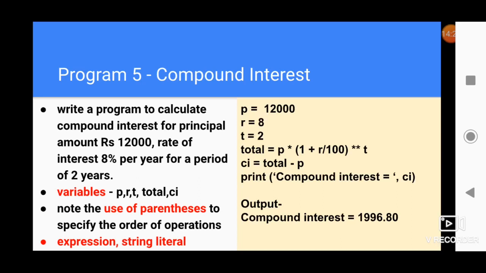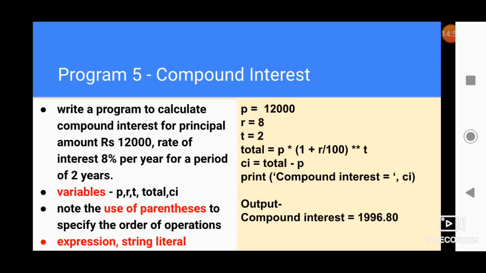Again, to make the output more understandable for the user, we use a string literal along with the variable ci. The string literal is compound interest equal to, which is enclosed inside single quotes, and then we have used comma to separate it from the other thing to be printed, which is the variable ci.